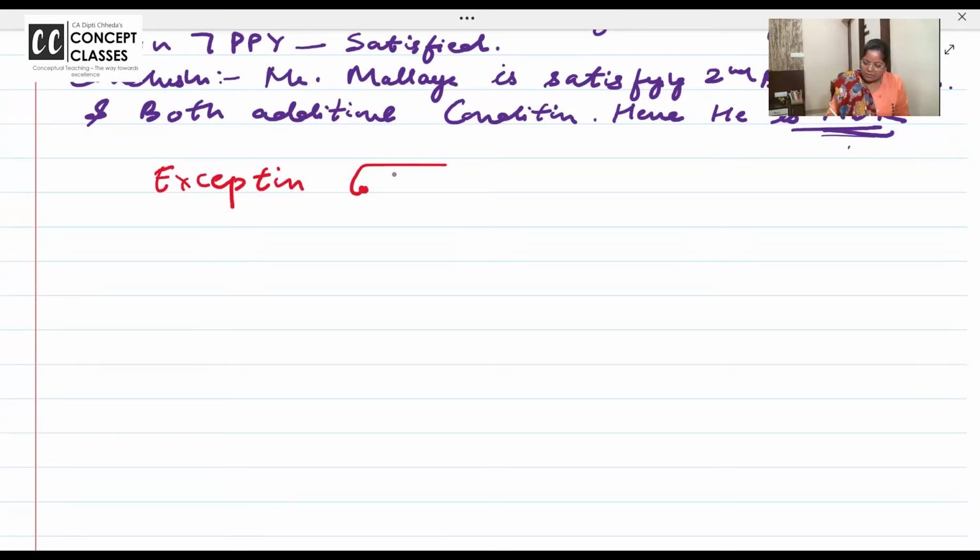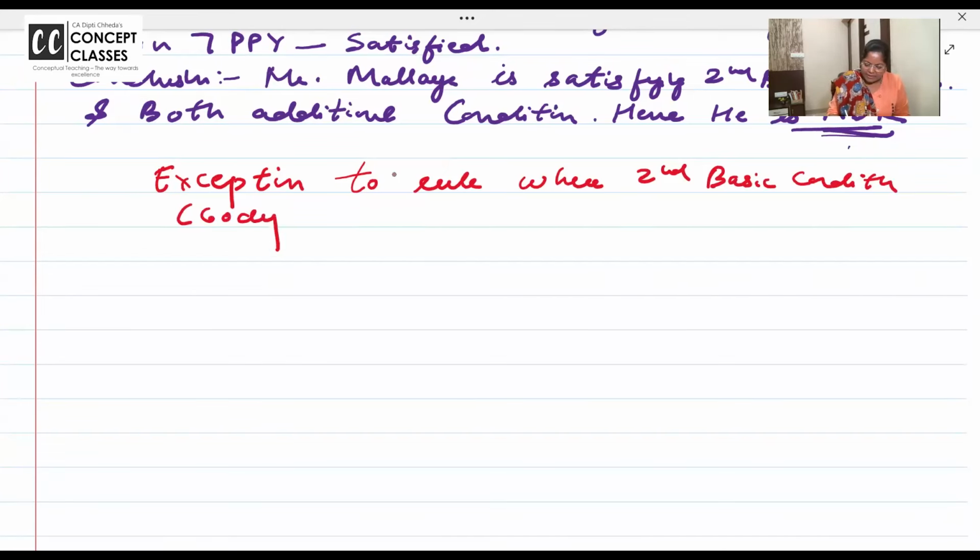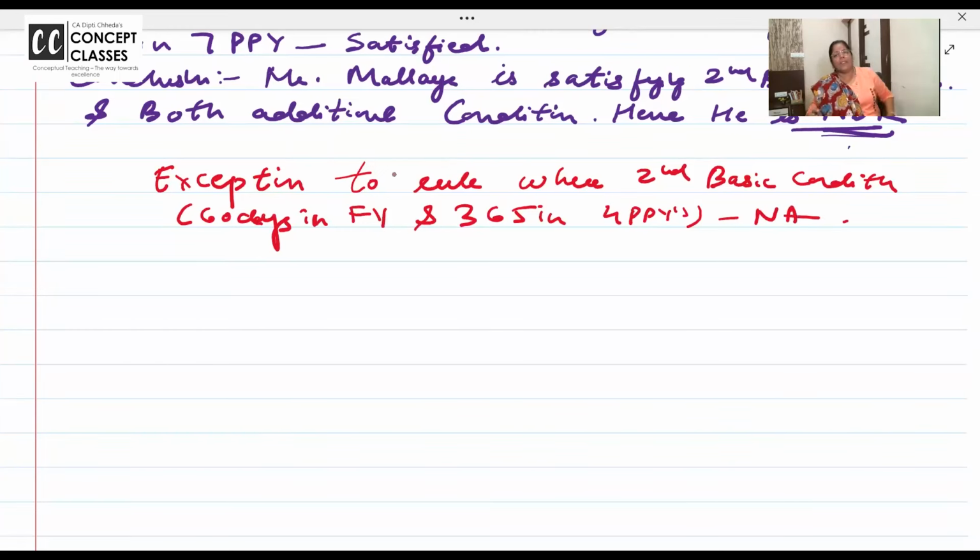Exception to the rule where the second basic condition, 60 days in the financial year and 365 days in 4 previous years, is not applicable. Yes, please.